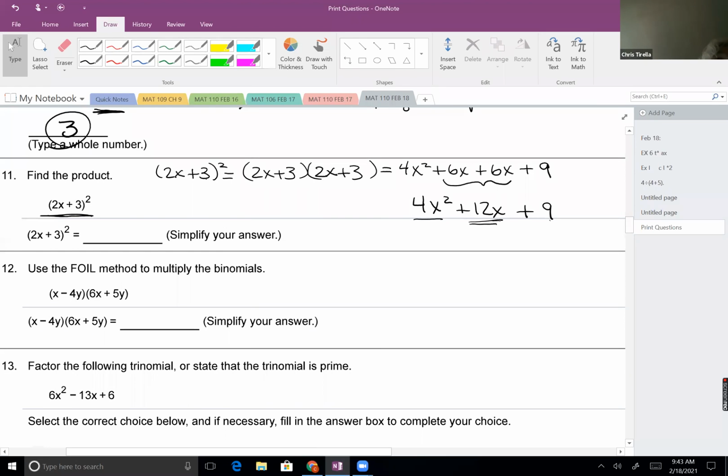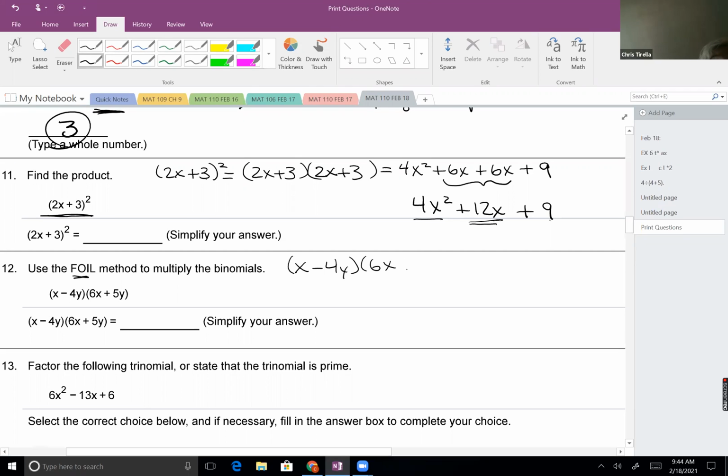Question 12, the MyLab's direction said to use the FOIL method. I don't care if you use the FOIL method or the distribution or the box. Use whatever method you use to multiply. Not gonna lie, I am a FOILer from way back.